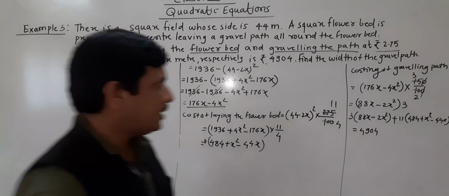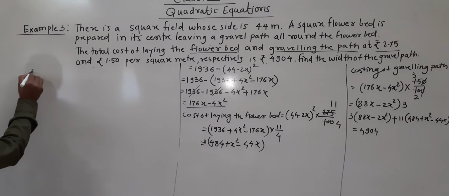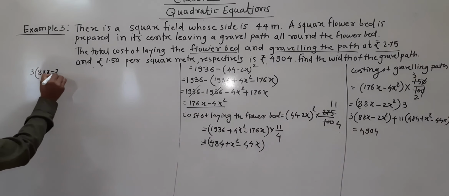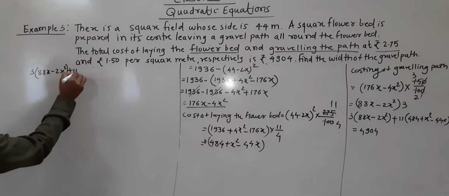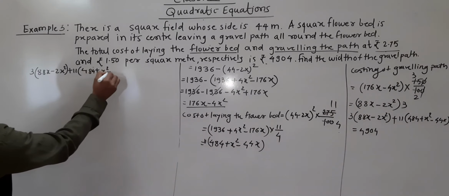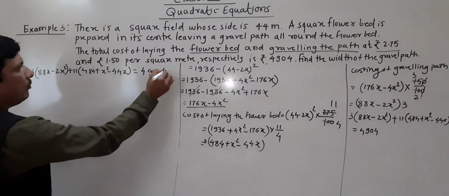When we solve this, we will get a quadratic equation. Okay, so same equation I am taking here, 3 into 88x minus 2x square plus 11 into 484 plus x square minus 44x is equal to 4904.